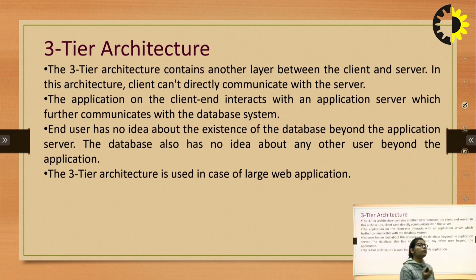But in the third, in this architecture, the client cannot directly communicate with the server. The application on the client end interacts with an application server, which further communicates with the database management system. The end user has no idea about the existence of the database beyond the application server. The database has no idea about any other user beyond the application.